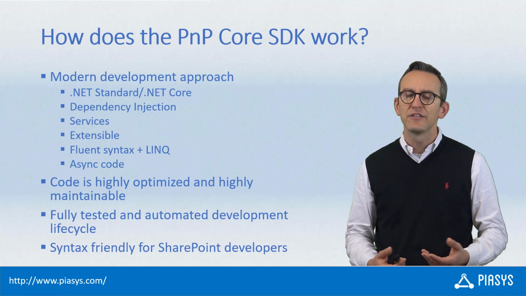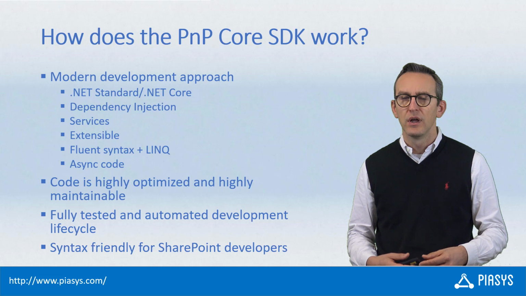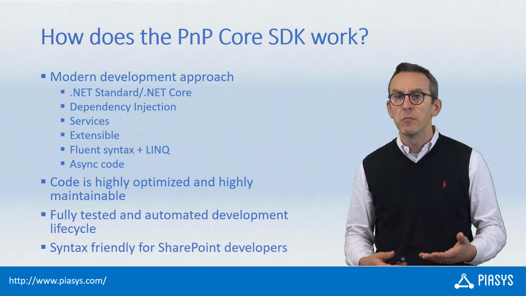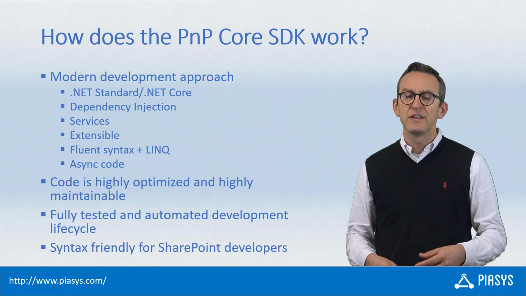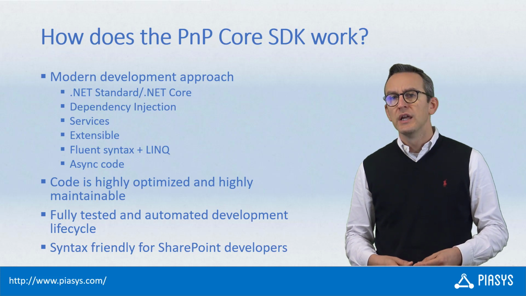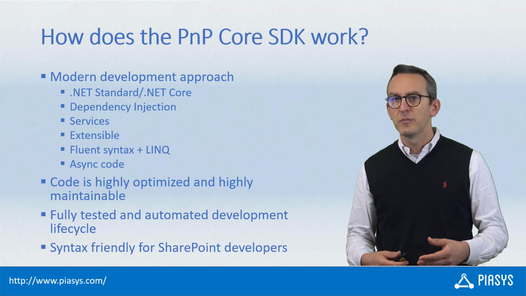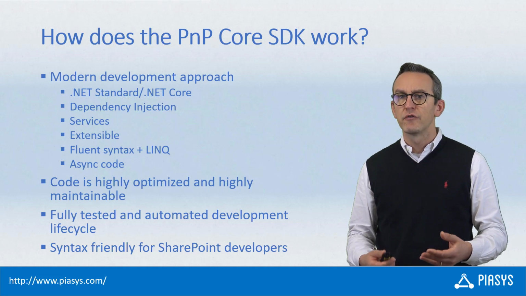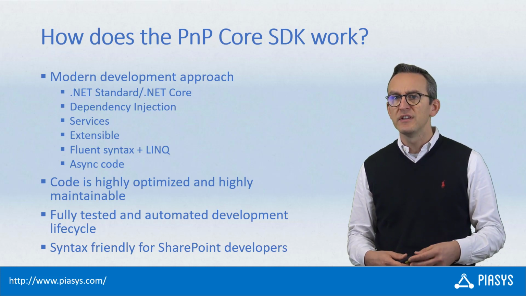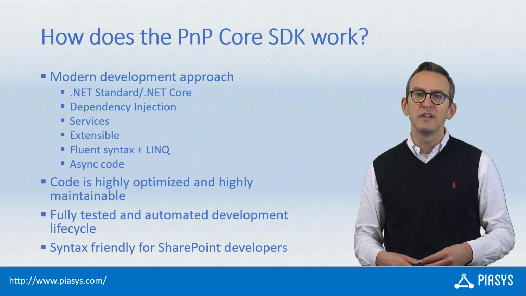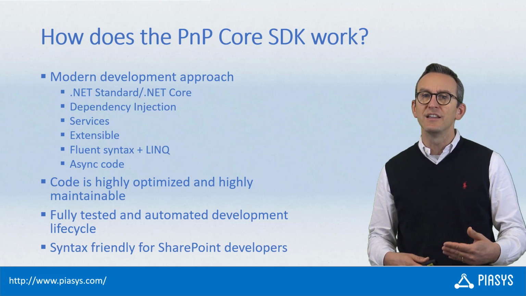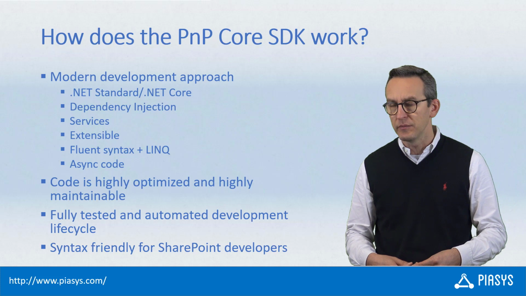So, how does the PnP Core SDK work? First of all, as I said, it is a modern library, so it is based on .NET Standard and .NET Core. It leverages dependency injection and services. It has an extensible architecture, and it provides developers with a fluent, language-integrated syntax whenever you want to query items in SharePoint Online or Teams.